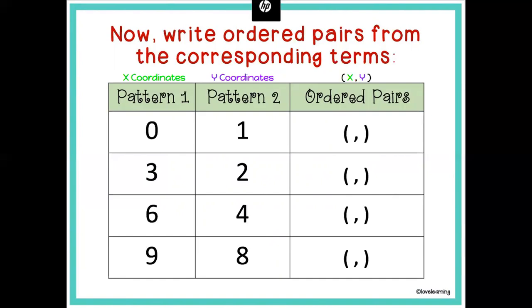Now I'm also going to label, just as a reminder, that it goes x comma y for my ordered pairs. Okay, so the first one is 0 comma 1. What's the second one? 3 comma 2, 6 comma 4, and our last one is 9 comma 8.